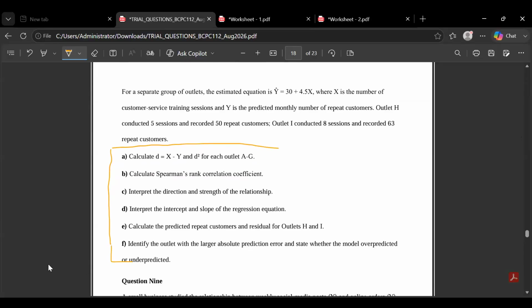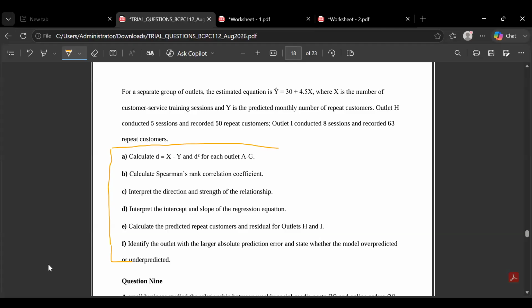Calculate d equal to x minus y and d squared for each outlet A to J. B. Calculate Spearman's rank correlation coefficient. C. Interpret the direction and strength of the relationship. D. Interpret the intercept and slope of the regression equation.